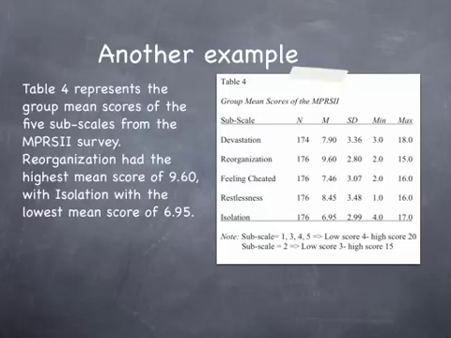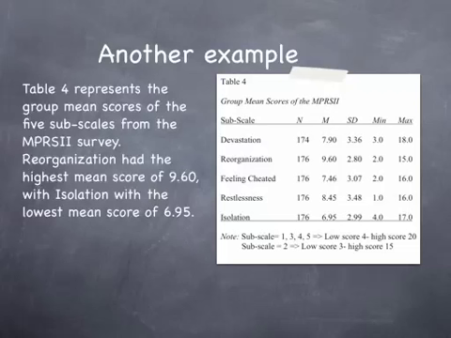And so we have the N, which stands for the number of subjects. We have M, which stands for mean. SD, which stands for standard deviation. And then we have the minimum score and the maximum score. And one thing that we're missing there, if you're paying attention, is we don't have the standard error. That's no good. We don't have the standard error.